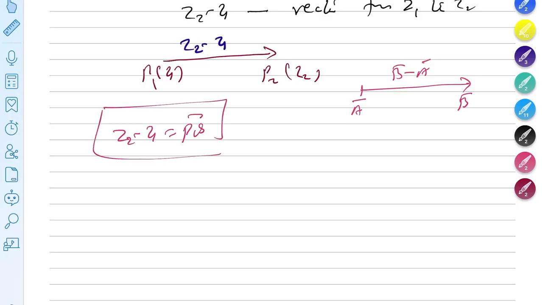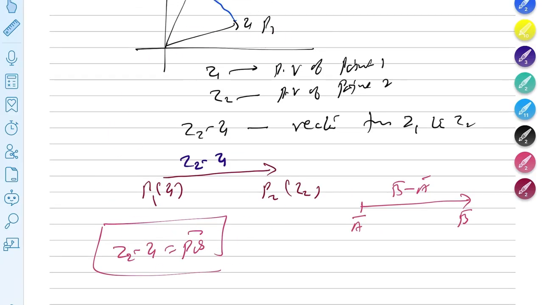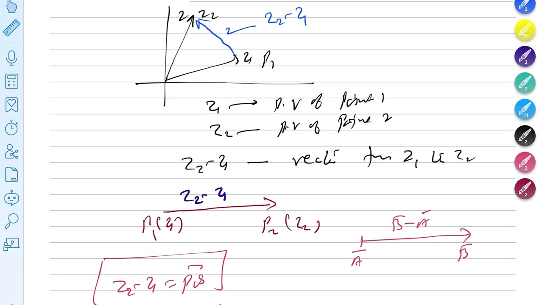This is how we can think of a complex number as a vector. If we think of a complex number as a vector, it becomes easy to understand the geometrical aspects of a complex number. So treat a complex number as a vector the way I have explained here; it behaves exactly like a vector.